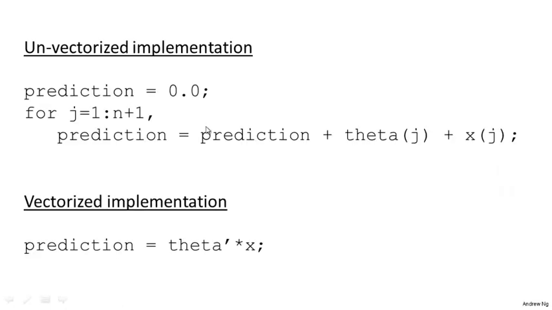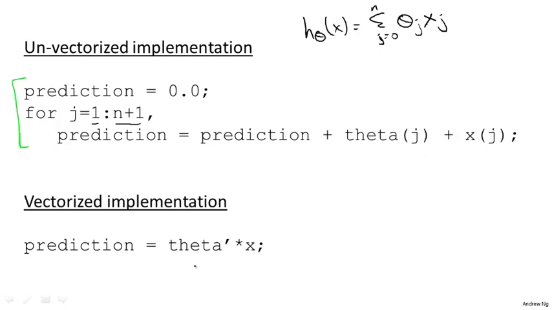Here's a concrete example. This is my MATLAB code for implementing that calculation that you saw just now, for computing the value of your prediction, the sum over j of theta j times xj. If you were to use an unvectorized implementation, this is what you get. You set prediction equals 0.0, and then loop over the values of j. In the math we wrote j equals 0 to n, but in MATLAB or Octave code, this is a for loop for j equals 1 through n plus 1, prediction equals prediction plus this thing over here.